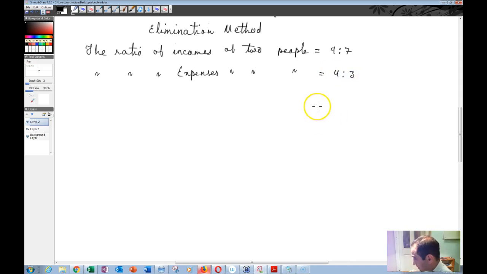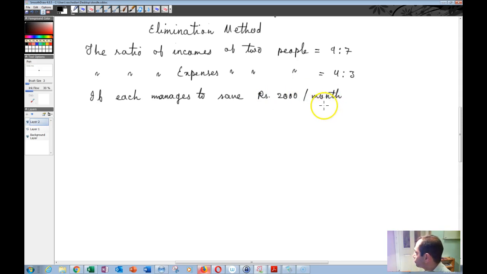Now, if each of them manages to save 2,000 rupees per month, you want to find their monthly incomes.